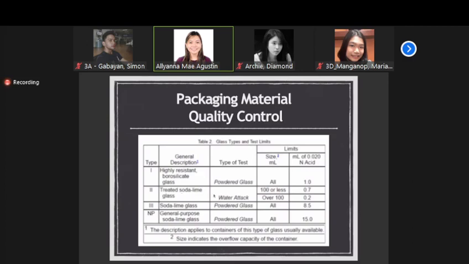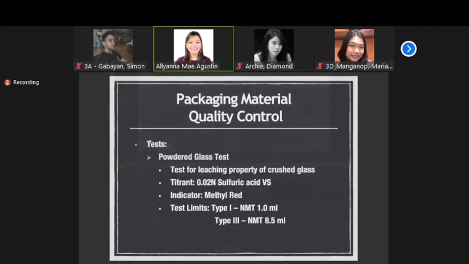Basically, class, these tests are titrations. You titrate the base that is released from the glass, causing leaching. First, we have the powdered glass test to check the leaching property of crushed glass.